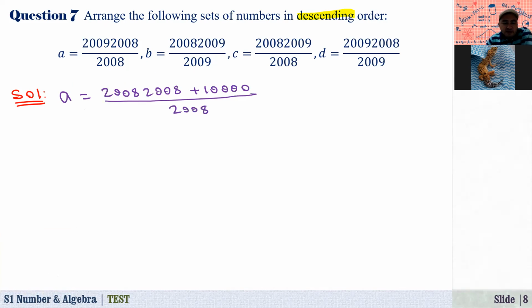If you add this, we get 2009 and 2008 again. Simplifying, 2008 divided by 2008 gives 1, and 10,000 over 2008 remains. So that's equal to 10,001 plus 10,000 over 2008.